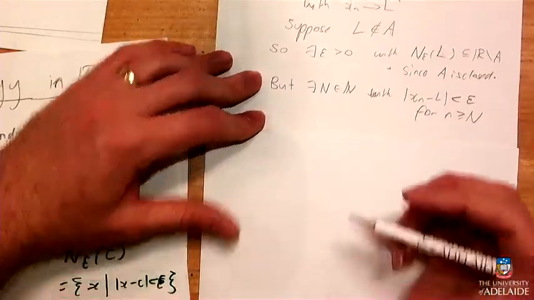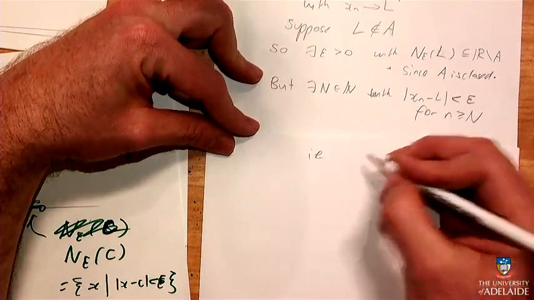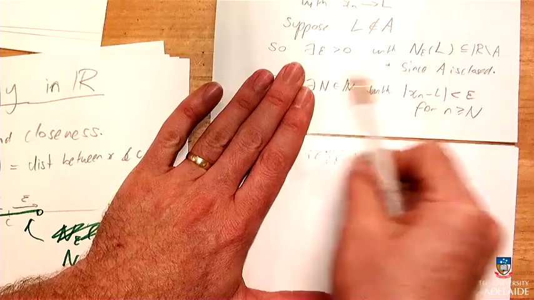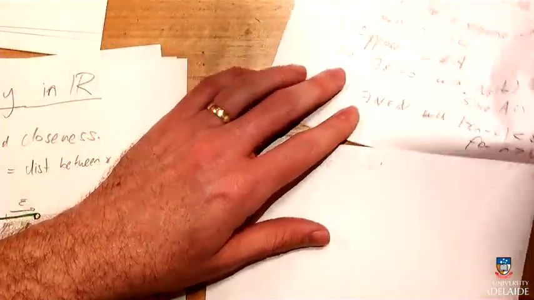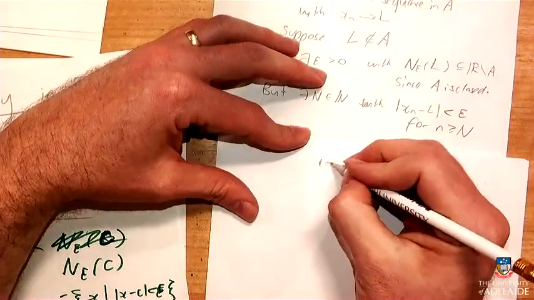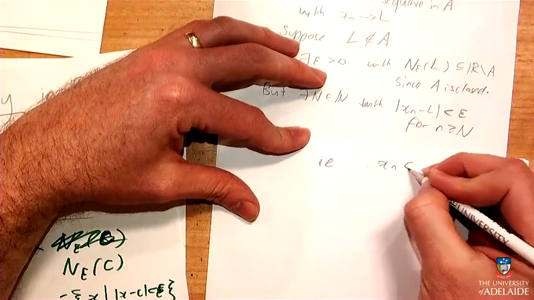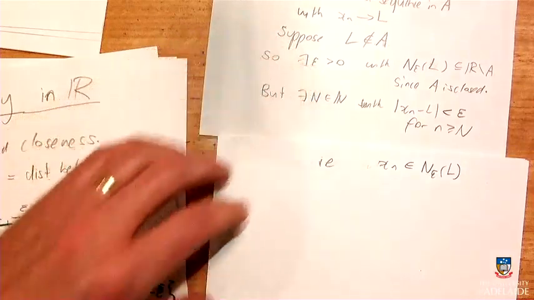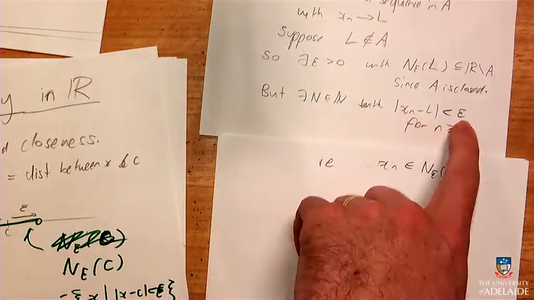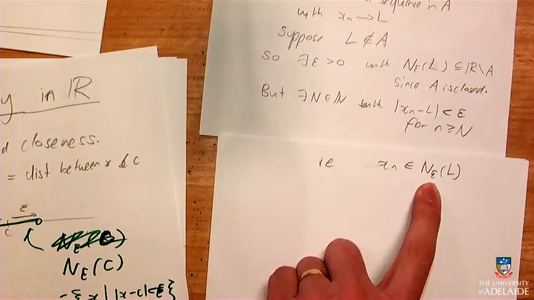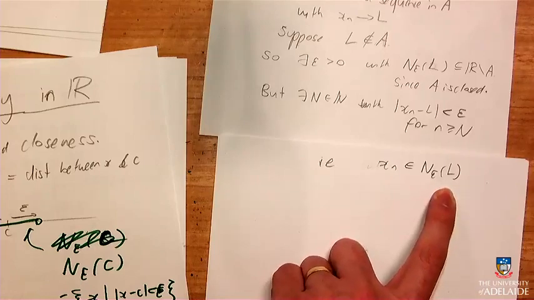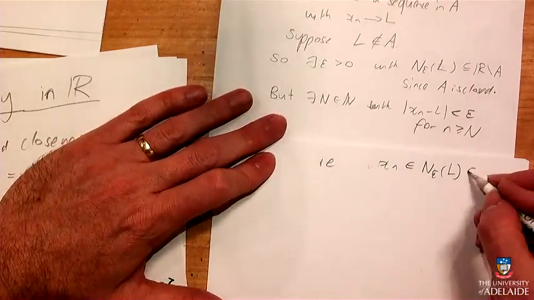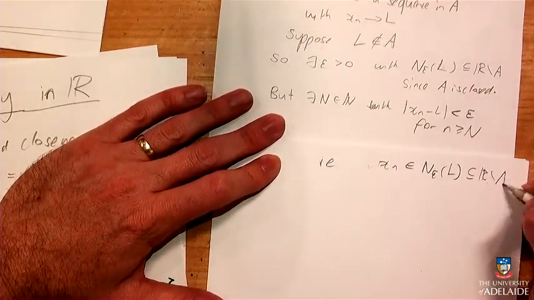But that means, i.e., xn is in N epsilon of L. If the distance between xn and L is less than epsilon, it's in the epsilon neighbourhood centred at L. It's closer than epsilon to L. And this is contained in R without A, right?